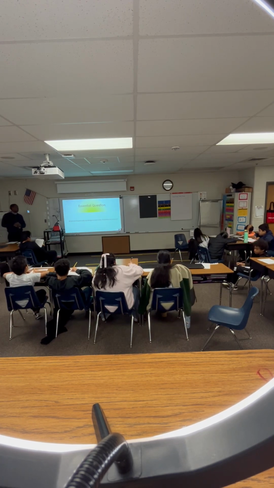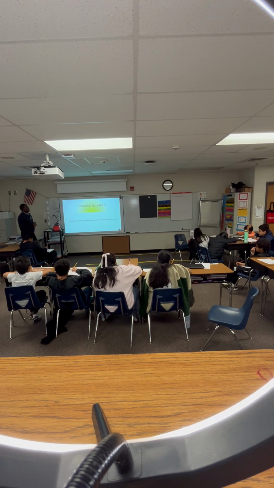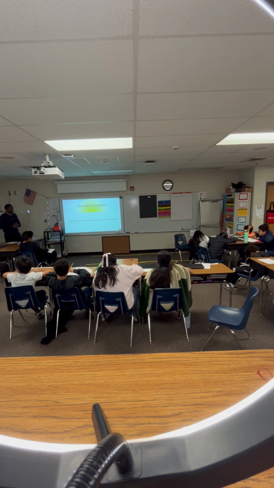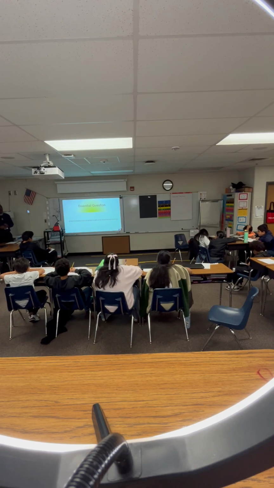What strategies help us compare and order fractions accurately? Alright, and we're gonna talk about honing in because making a number line is a strategy. Using a benchmark is a strategy. Using tiles is a strategy.